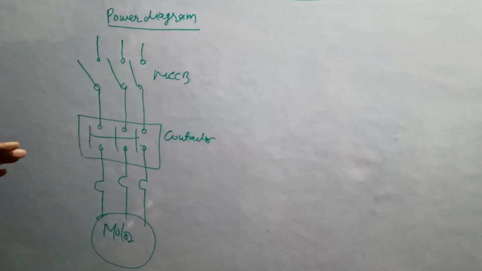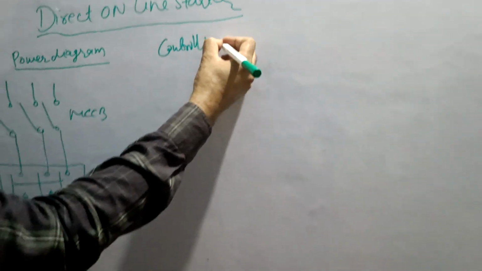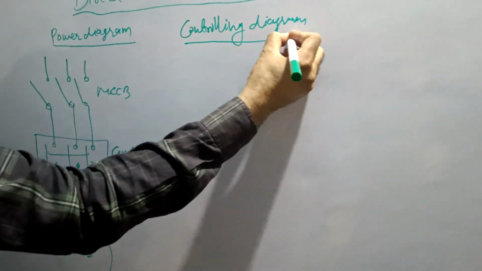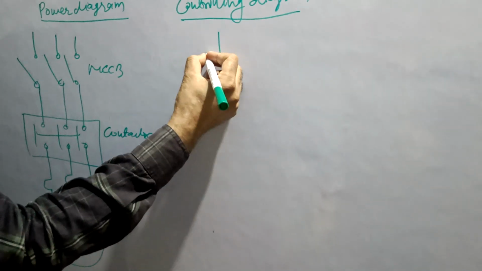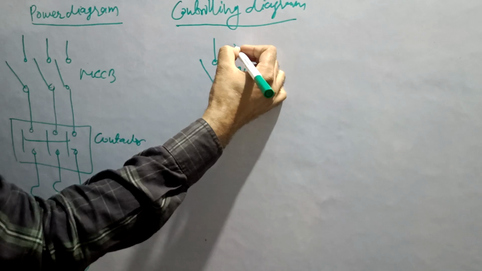Now I am going to make the controlling diagram of the motor. In the controlling diagram, we first need to take an MCB. This is the controlling MCB, single pole.